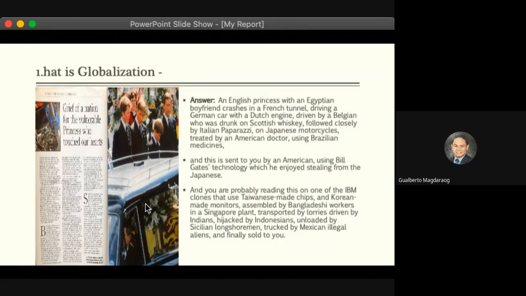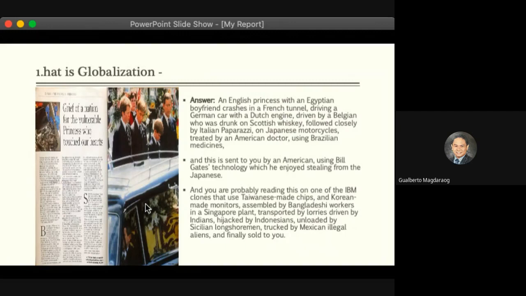This one is, what is globalization? And the answer is, an English princess with an Egyptian boyfriend crashes in a French tunnel driving a German car with a Dutch engine, driven by a Belgian who was drunk on Scottish whiskey, followed closely by Italian paparazzi on Japanese motorcycles treated by an American doctor using Brazilian medicine. And this is sent to you by an American using Bill Gates technology, which he enjoyed stealing from the Japanese.